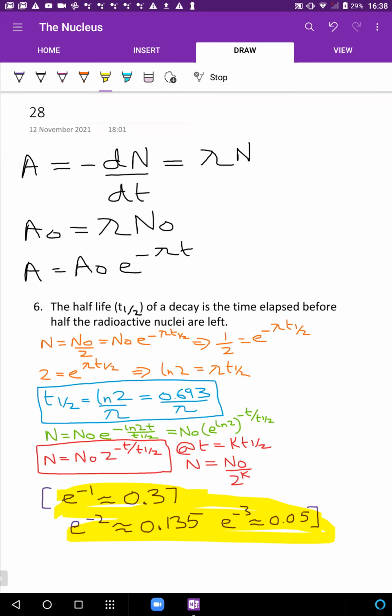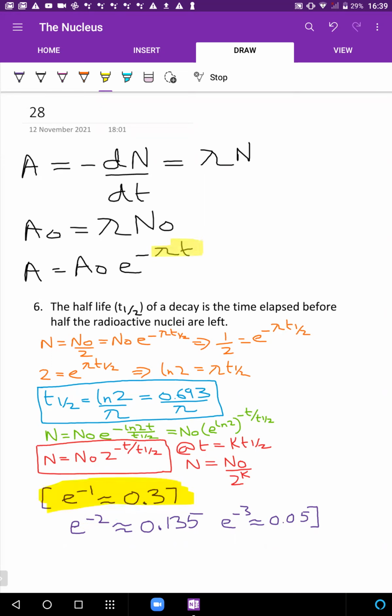So a lot of chapters have this kind of decay centered around this mathematical term. I think you should know the first three powers of e. The power of e will be negative, so you should remember e raised to at least -1, -2, -3: 0.37, 0.135, 0.05. Okay, understand their consequence.